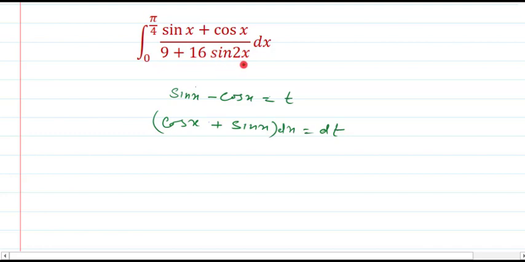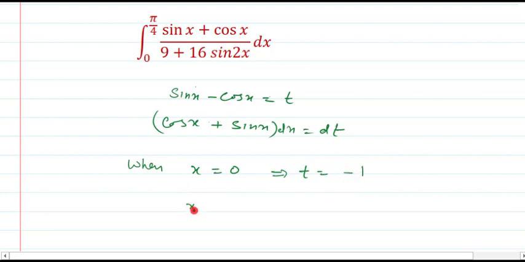But first of all, before changing this, let me change the limits. When x is equal to 0, clearly t is equal to sin 0 minus cos 0, sin 0 is 0 and cos 0 is 1. So we are getting t as minus 1.